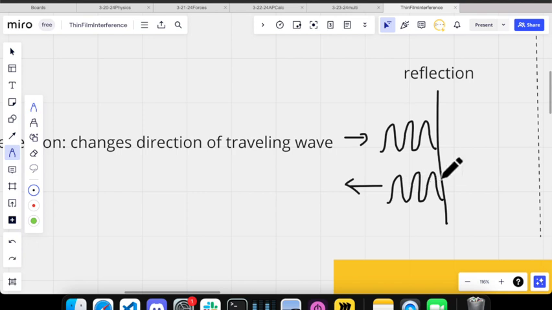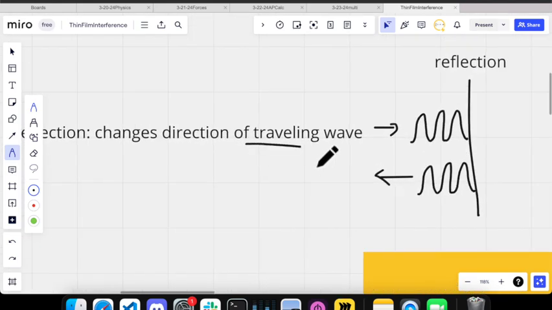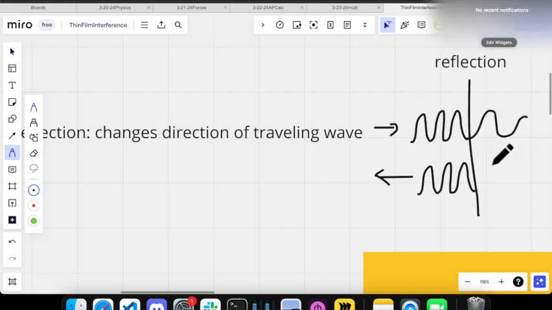So the wave is going right, and then it reflects and it's going left. And the way to think about it, I think, is as a traveling wave. So if we were to imagine this wave, if there were no boundary, it would keep going and look like this, right? Something like that. This is not drawn to scale.